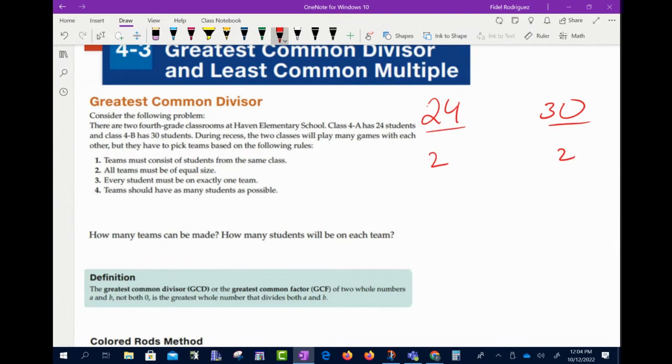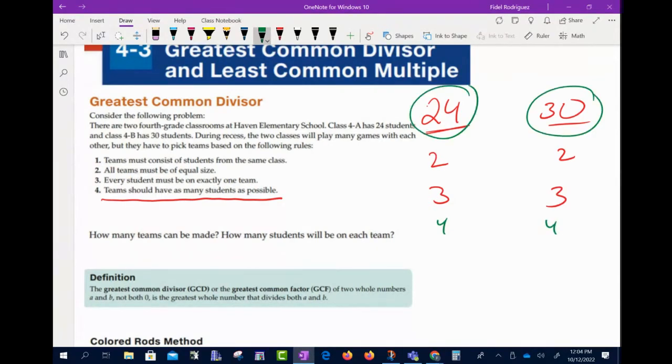And then the next question is, could we have teams of 3? Does 3 go into 24? Yeah, it does. It goes in 8 times, and it goes into 30. Remember, y'all, we're looking for the teams that are going to have as many students as possible. So I know we could have done 1, but that's kind of a boring thing. We could do 2, we could do 3. If I wanted to check 4, I would have to know, does 4 go both into 24 and into 30?